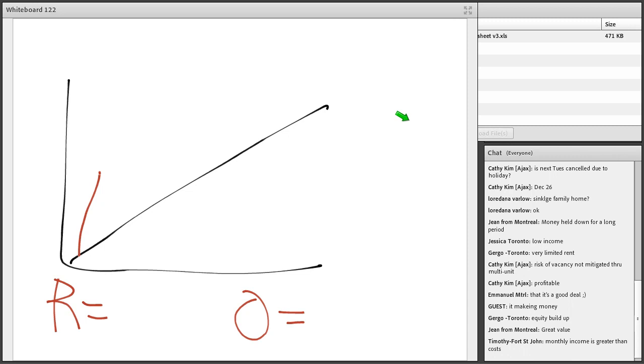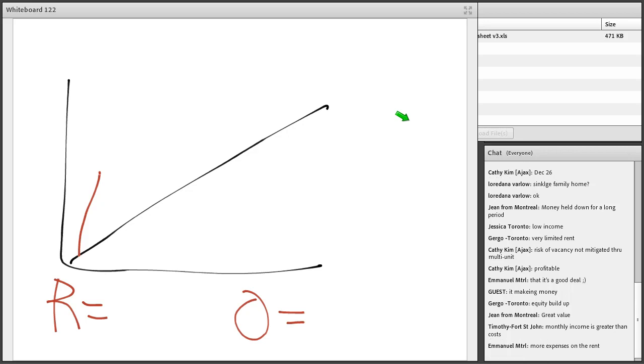Now, if it cash flows, what does it mean, renter versus owner? It means that the owner of this property, you're right, Manuel, it costs less to own than to rent.